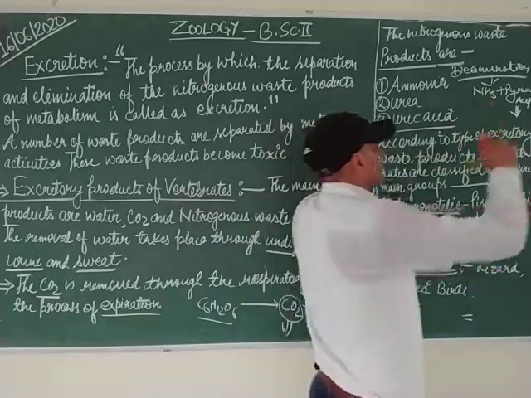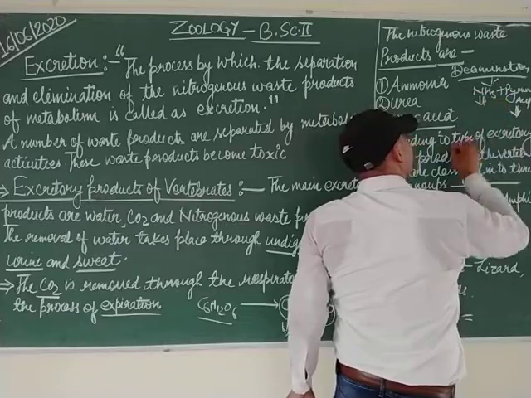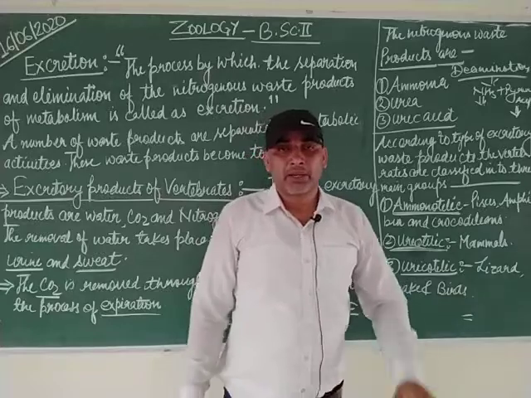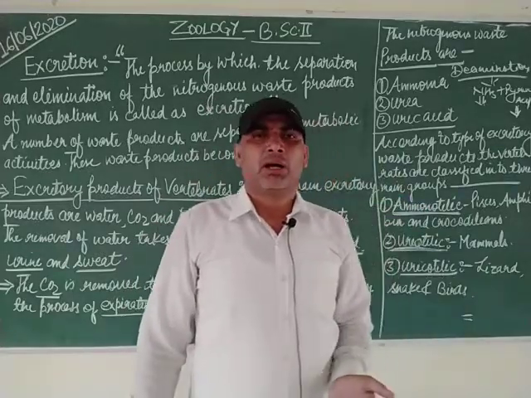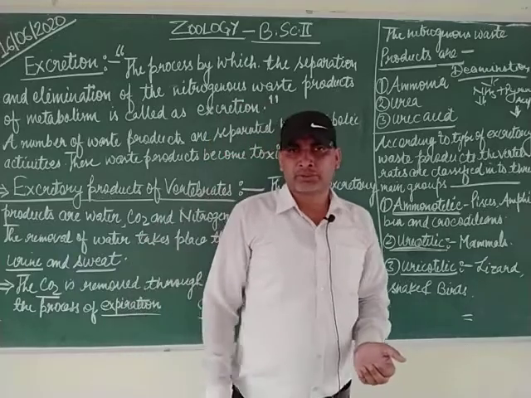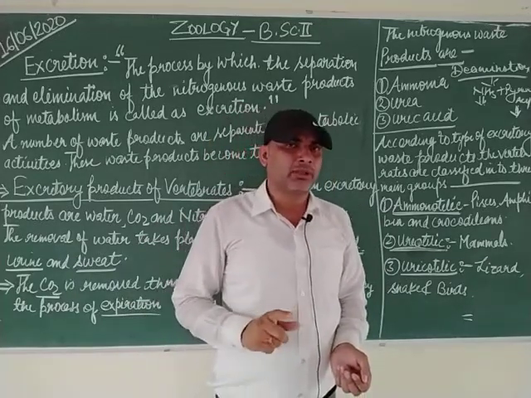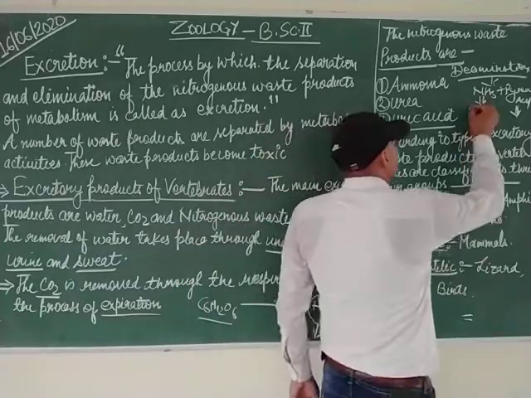In the process, ammonia is formed, and then urea. In urea formation, different kinds of metabolic processes, when protein metabolism or the deamination process proceeds, form a lot of ammonia, and that ammonia combines with carbon dioxide.